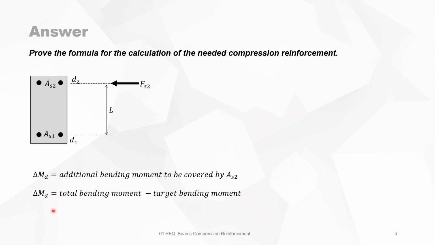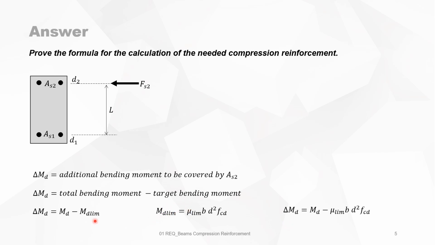So of course, the additional bending moment is then total bending moment minus the target bending moment. Or you can write it like this. But the target bending moment is equal to μ_limit times b d squared f_cd from the definition. And μ_limit is the target that we want to obtain.